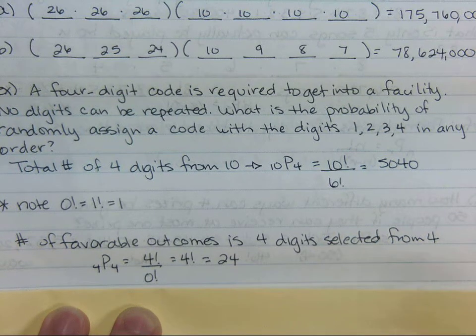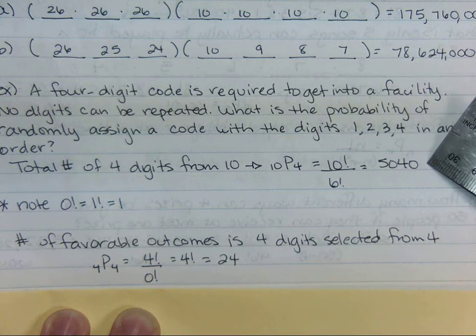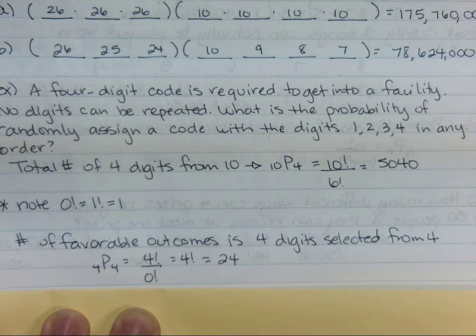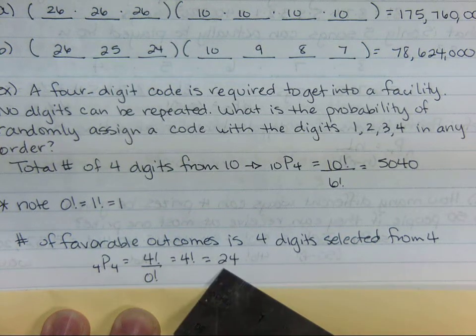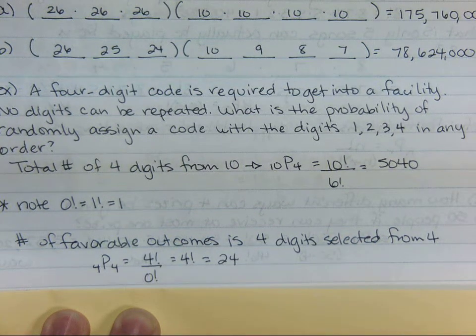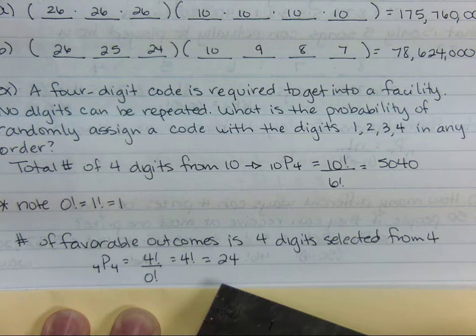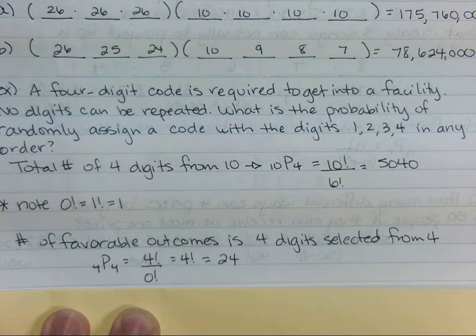The reason why we are using 4P4 is that I need to know how many ways I can arrange 1, 2, 3, 4. Because I can use, remember, 1, 2, 3, 4, 1, 3, 2, 4, 1, 2, 4, 3. There's a large number of possibilities, and those are going to be 24 options.